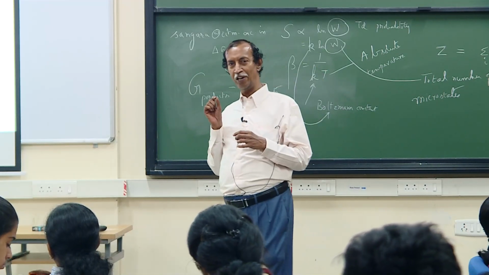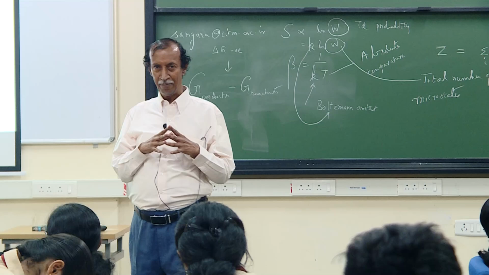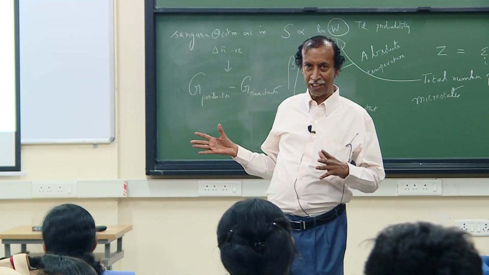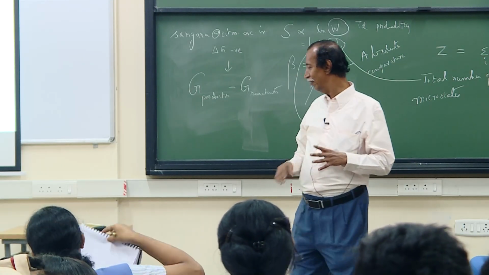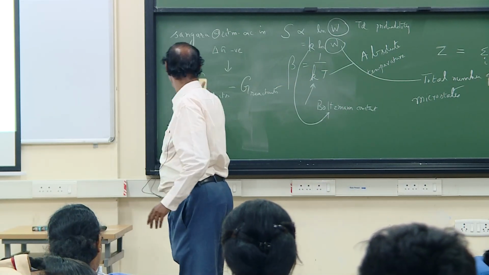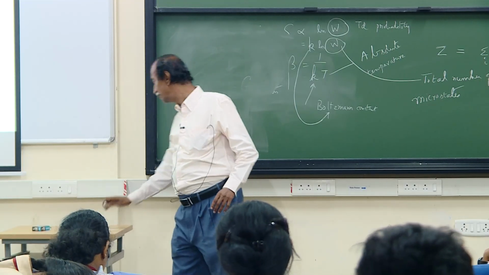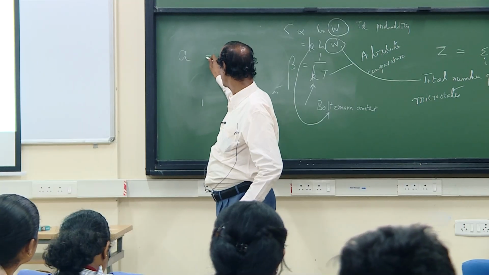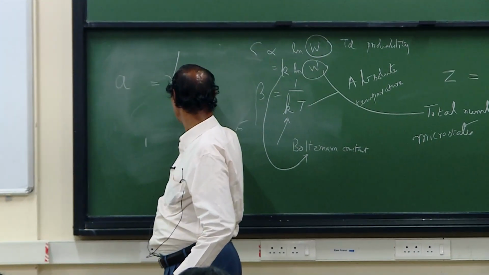For that, people have got a concept called activity coefficient. There is a relation between activity and concentration through the activity coefficient. Right? Very amazing. Suppose you have the activity of a substance equal to the activity coefficient times the concentration.